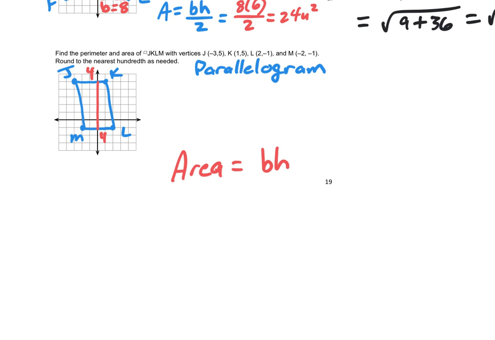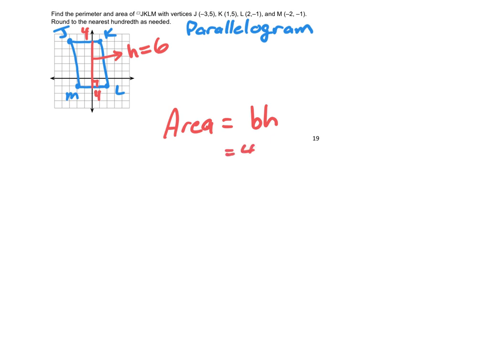So to go from JK to ML, we need a vertical line. If I go down from JK to ML straight down, I'm going to go down 1, 2, 3, 4, 5, 6. Okay, so my direct distance between those two would have a height of 6.